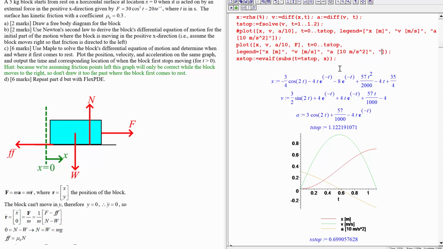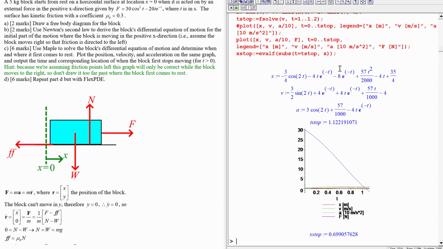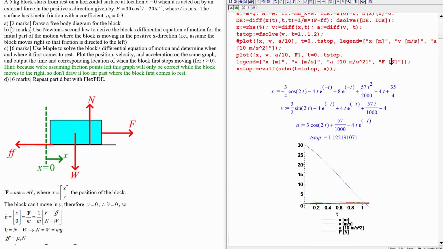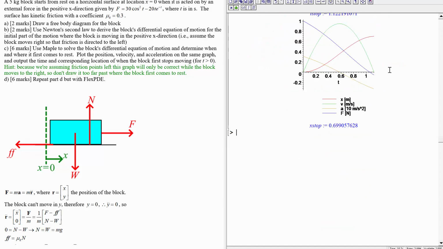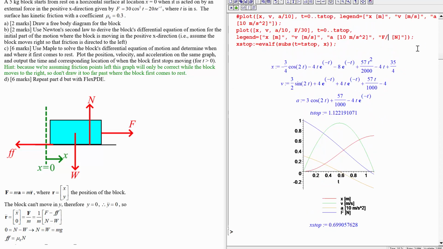We'll also add it into the legend for completeness. So this is going to be the force in, so far, newtons. That might be too large to compare to the other ones. Yeah, okay. So let's maybe have the force divided by 30 to put it on the same scale.